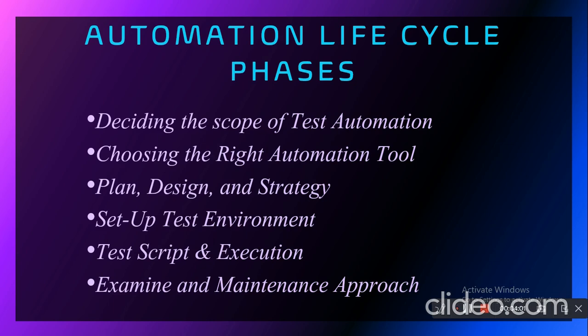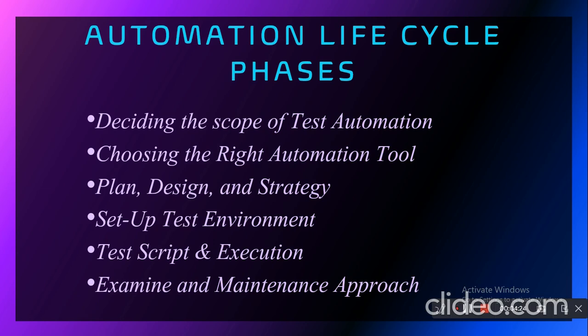Okay, then the next stage is set up the test environment. This phase of the automation testing lifecycle includes setting up a machine or a remote machine where test scripts will be executed.